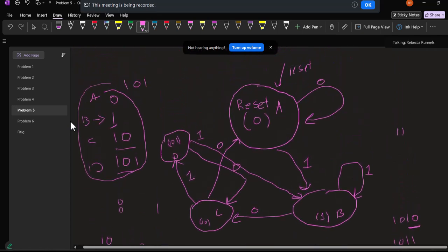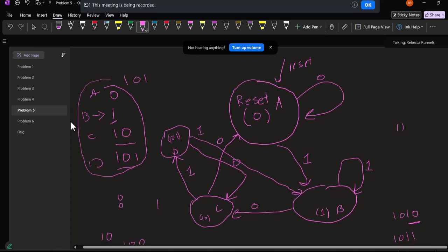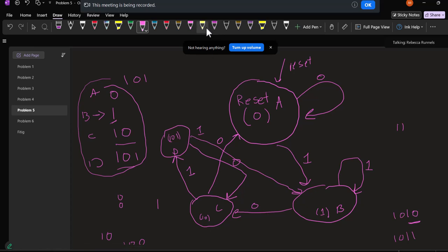Okay, now this is a Moore machine, which means that our output depends only on the state that we're in. And so our output depends on whether we got a 1, 0, 1 on our last clock cycle. The only one where that was true was this one.